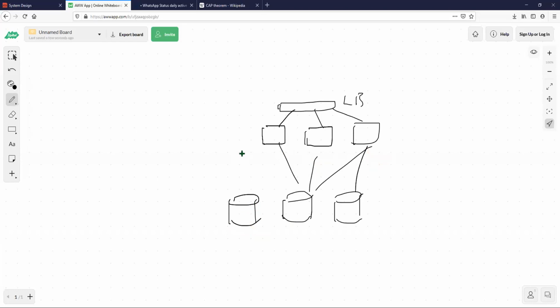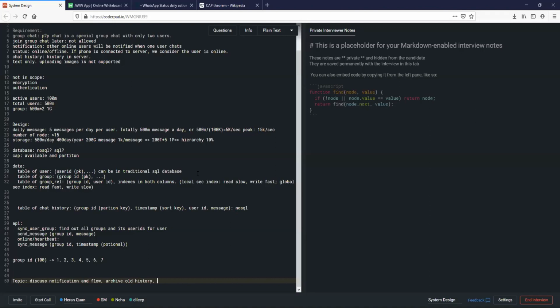And besides, we need to have a notification service. This is basically a service where the node writes a message and the notification service notifies this user, this user, this user, and if some of them are online, tells them. But we need to leave this for the next section.